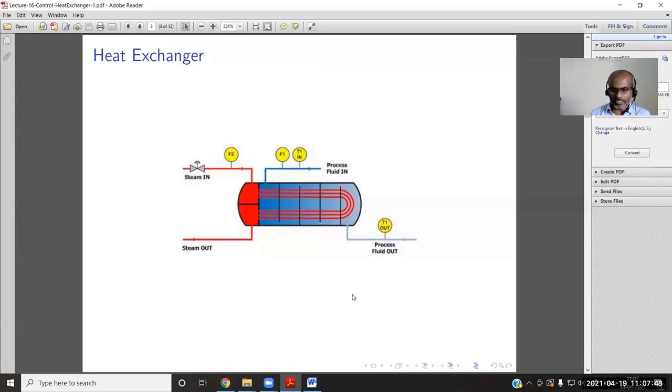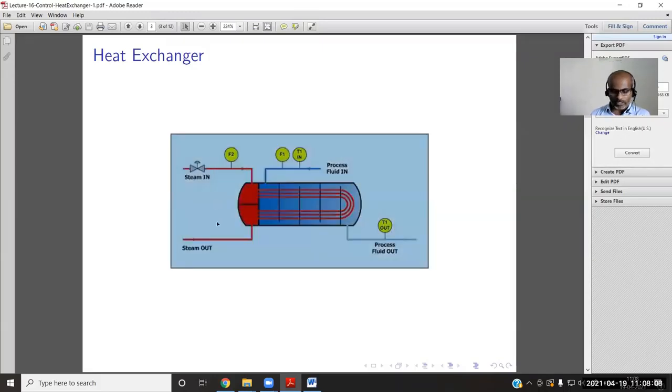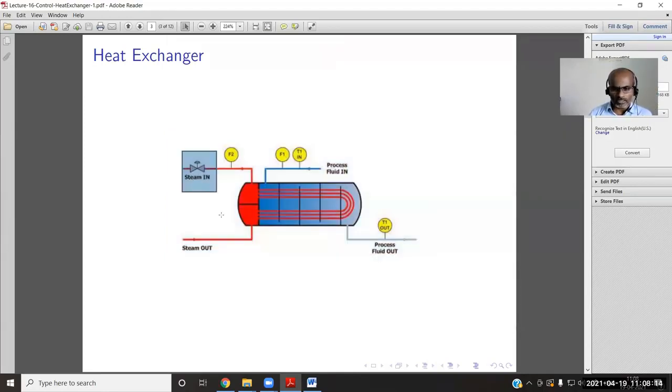Normally we are interested in controlling the outlet temperature of the process fluid, so this is a variable of importance. For that, what is the manipulation we'll have? We'll be adjusting the coolant or the heating fluid. The heating fluid most of the time will simply be steam, or sometimes even hot water or any heat transfer fluids. So mostly it is steam flow.